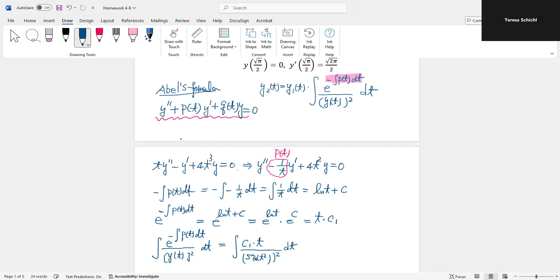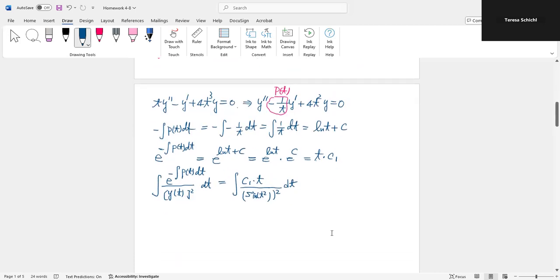Now I need to integrate this part. In order to integrate it, I'm going to use u substitution. I can say u is equal to t squared. Then du is equal to 2t dt, so t dt equals du over 2. This changes into something pretty nice.